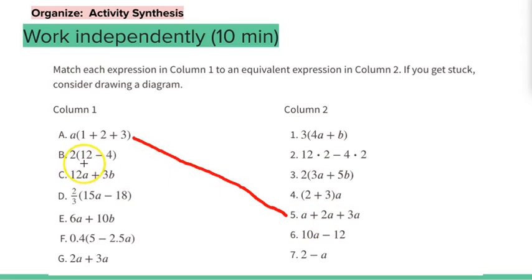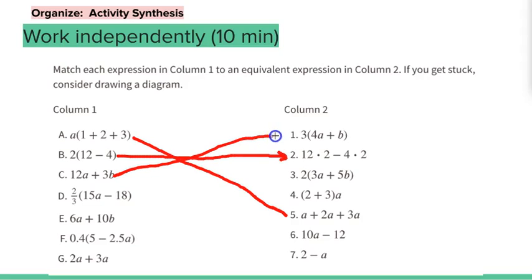What about 2 times 12 minus 4? This one's saying the same thing: we've got the 2 times the 12, and then we've got the 2 times the 4. What about the 12A plus 3B?